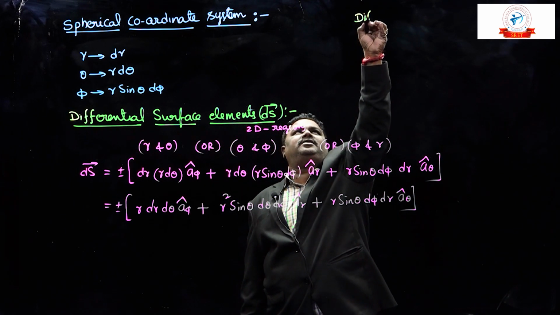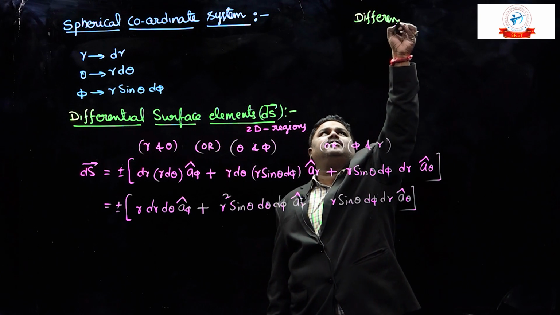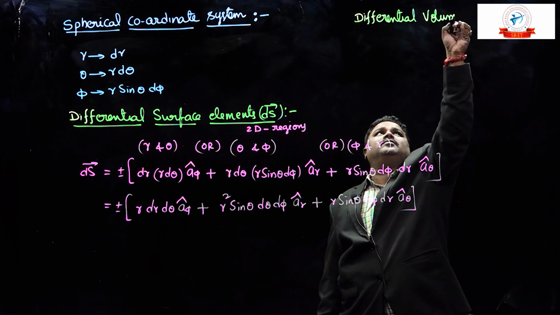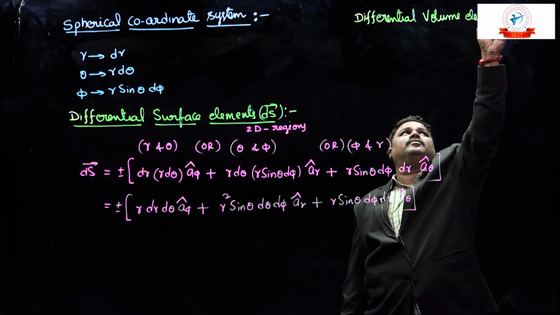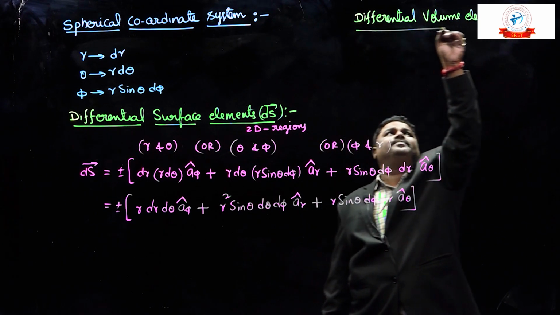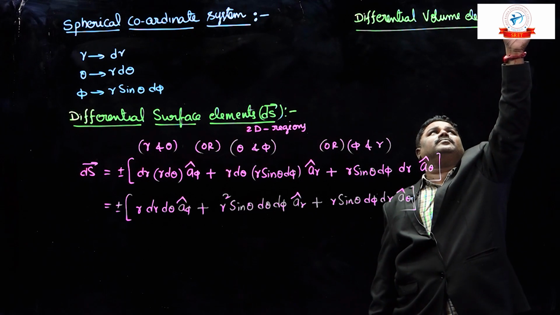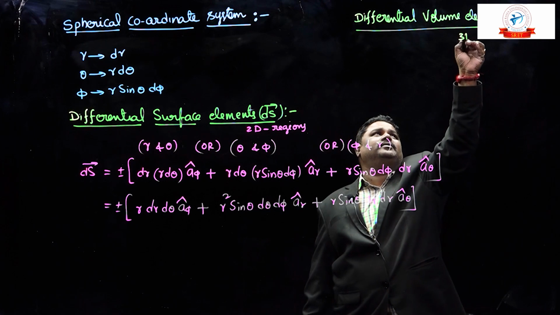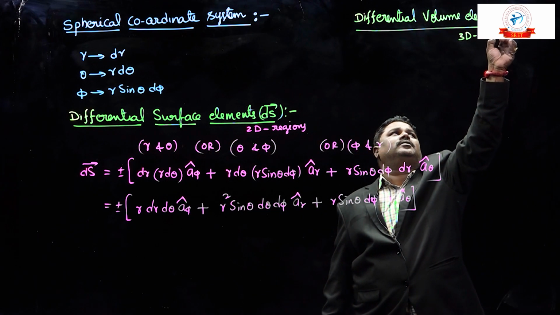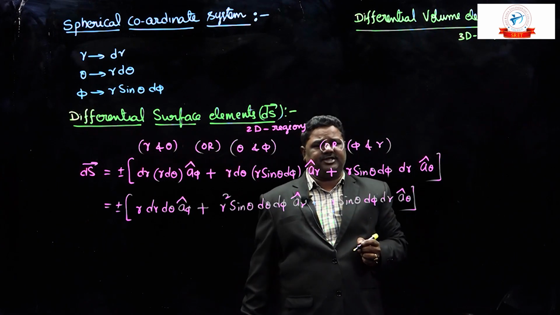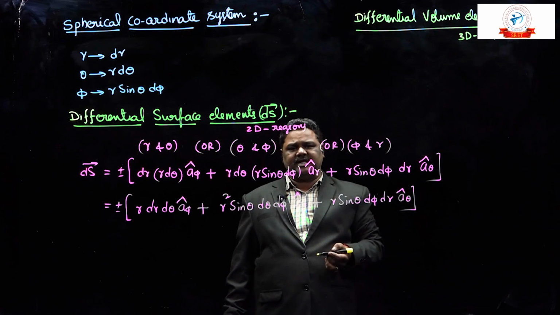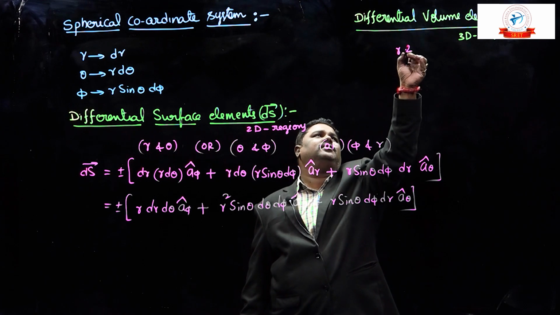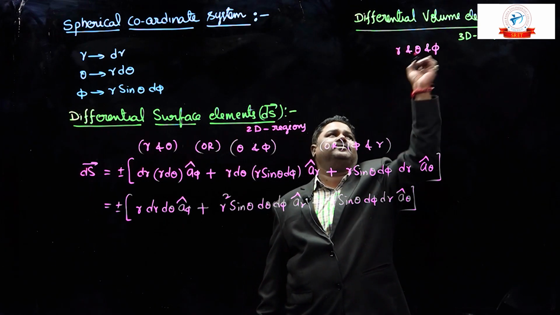Let us write down the differential volume element dV. Here the volume element is a three-dimensional region. That means a volume must be constructed with all the three coordinates, r and theta and phi.